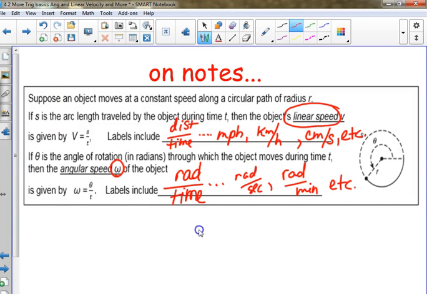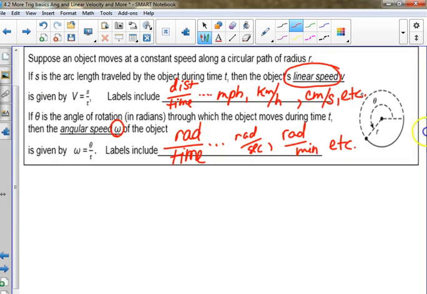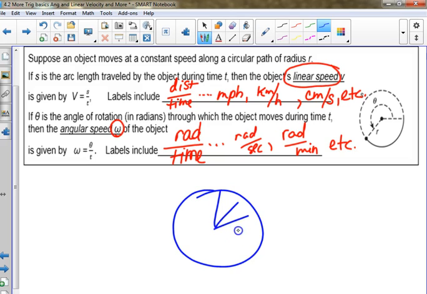Let me give you another example. When you're talking about a bicycle wheel, okay? You're riding your bike. The linear velocity is how fast you're tracing out a line or you're going down the road, okay? If you chalked up your tire and you rode down the road, you would leave a line behind you at so many centimeters per minute.